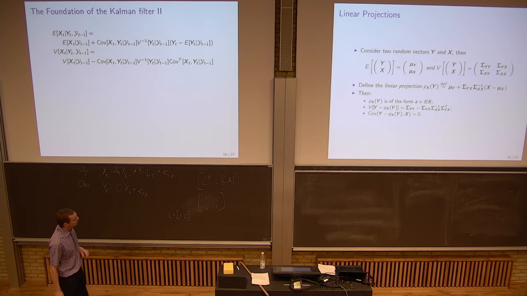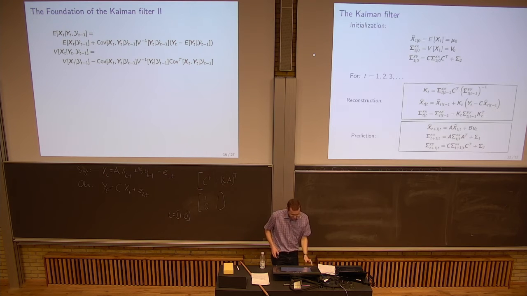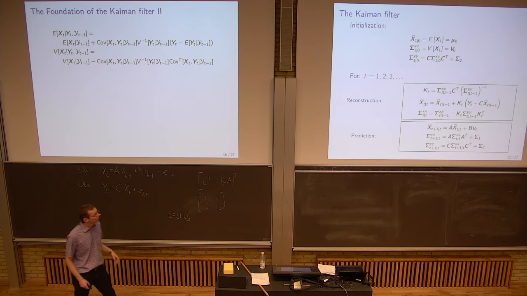So if we repeat the equation from the previous slide, let's look at it not as what we looked at in the linear projection theorem, but relative to the definitions that we're using in the Kalman filter.